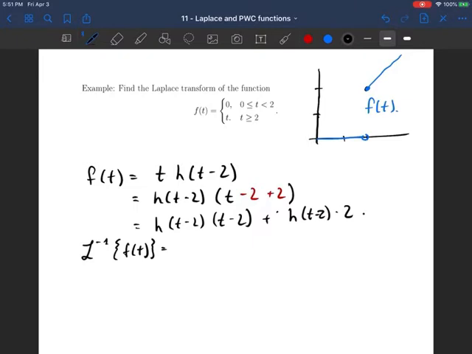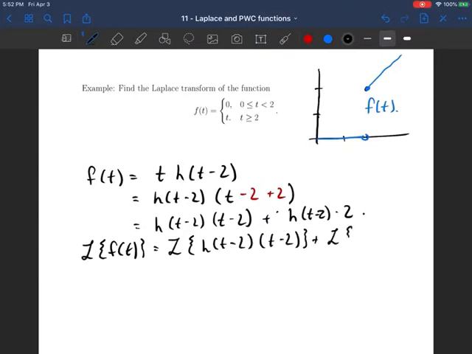So the Laplace transform of f of t will be equal to the Laplace transform of h of t minus 2 times t minus 2, plus the Laplace transform of h of t minus 2 times 2.